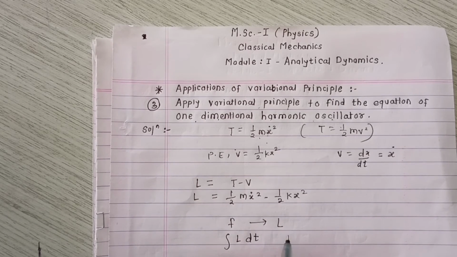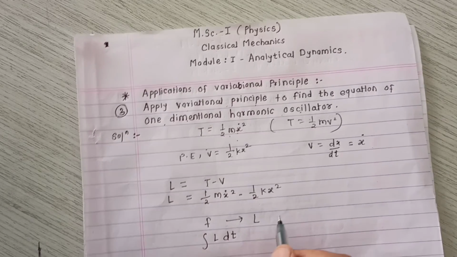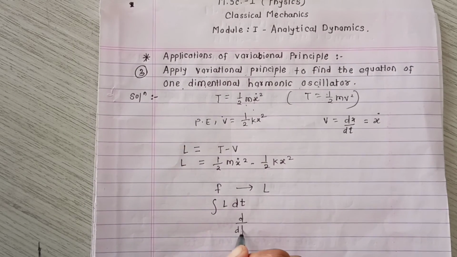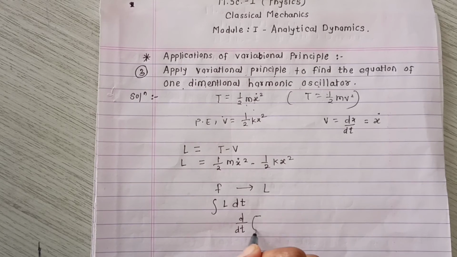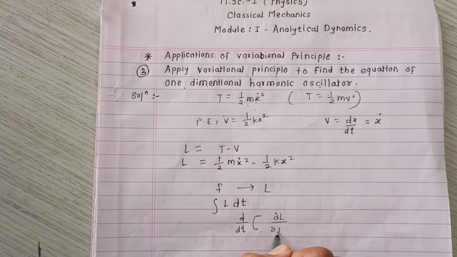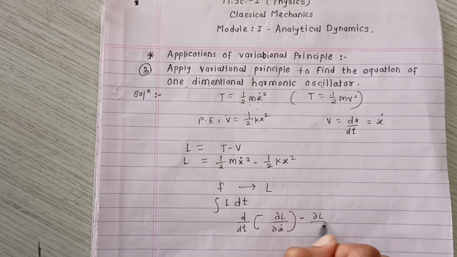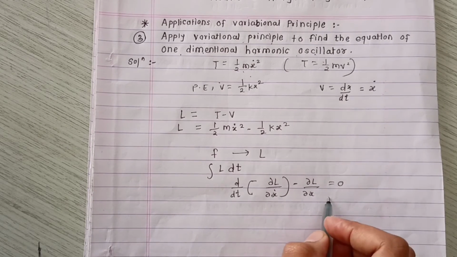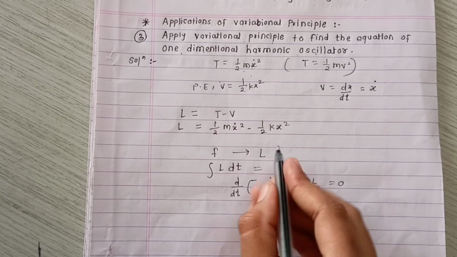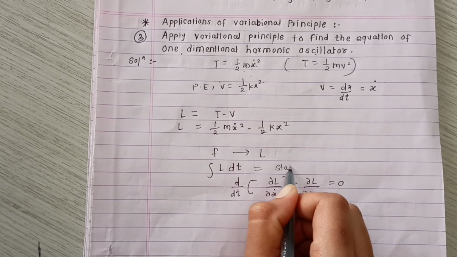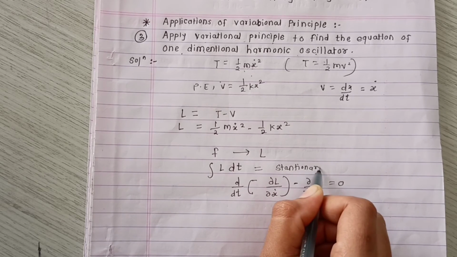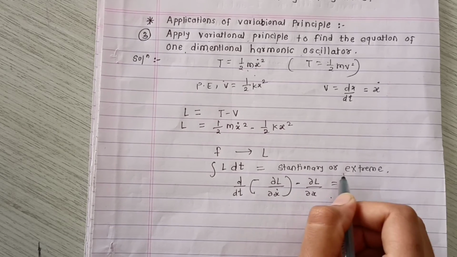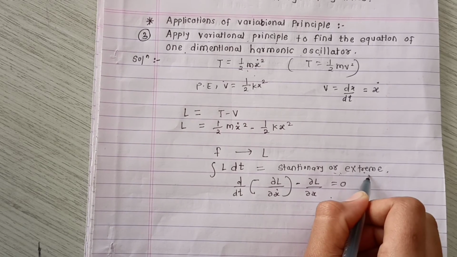This happens when d by dt of (∂L/∂x dot) minus ∂L/∂x is equal to 0. We have seen in the proof of the variational principle that this condition means the integral is stationary or extreme. This is the condition of the variational principle.